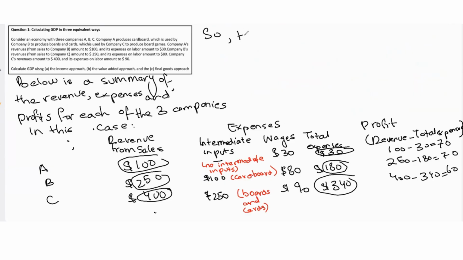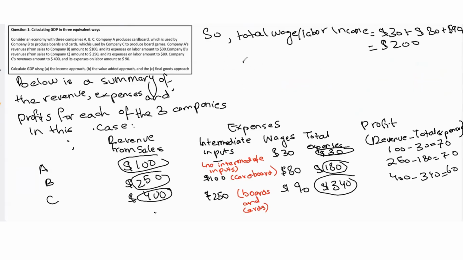Now we can see from here that the total wage or labor income in the economy is $30 from company A, $80 from company B, and $90 from company C. So this is the total wages or labor income in the economy. The total wage or labor income in the economy is $200.